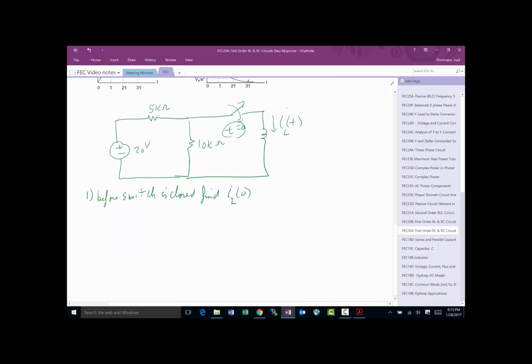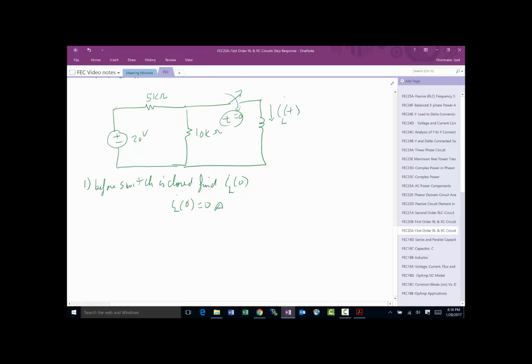Because the switch has been open for a while, and they usually say the switch has been open for a long time, that means the inductor really hasn't had any current. So in this case, we can simply say IL of 0 is equal to 0 amps and be done with it. So the next step here would be, let's go ahead and do the circuitry: is this a step response?